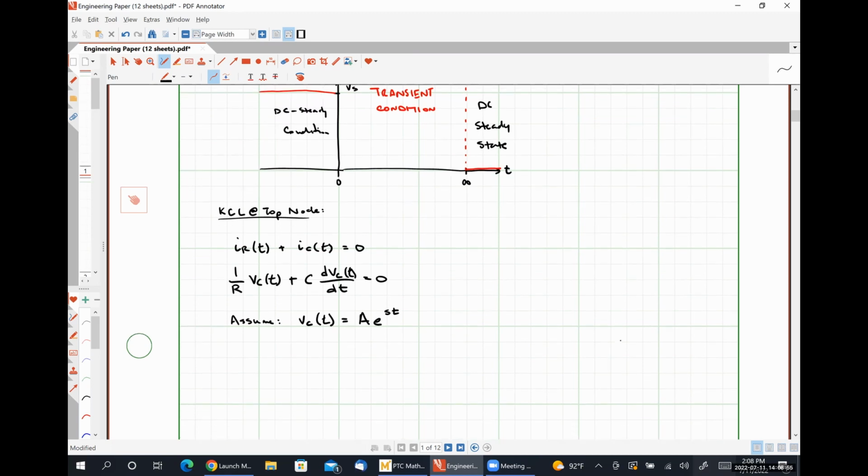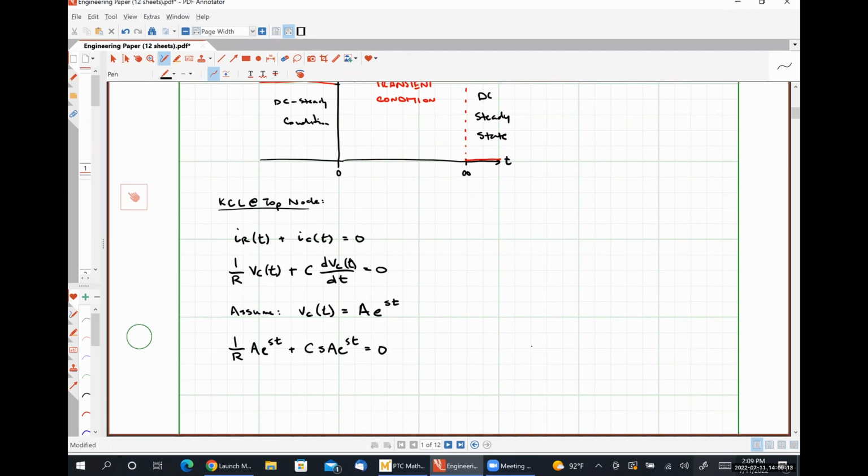And when we put this guess value in, what we get is 1 over R times A e^(st) plus C s A e^(st) is equal to 0.